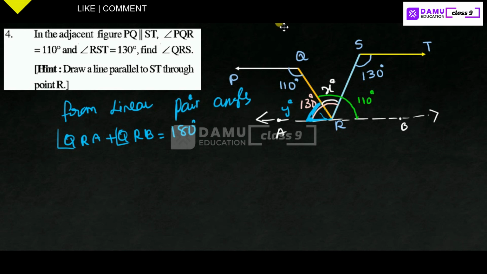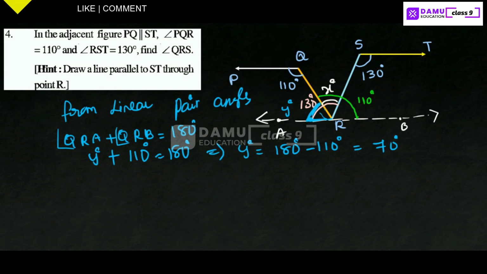QRB is 110 degrees, and QRA is y degrees, so y degrees is equal to 180 degrees minus 110 degrees. We will get 70 degrees. So y is equal to 70 degrees.